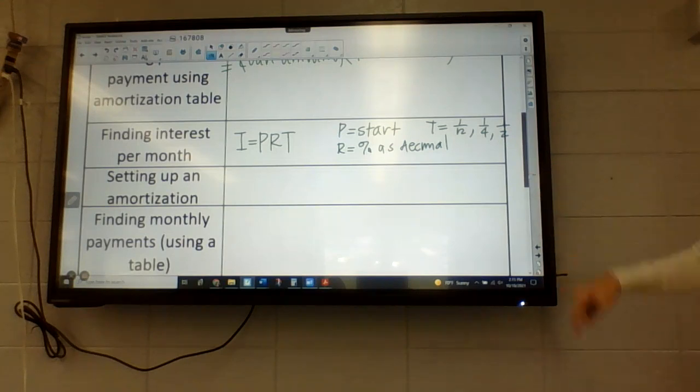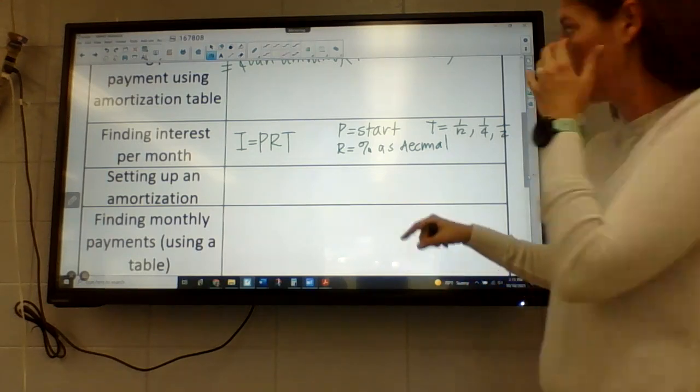That should be setting up an amortization table. And this is where we wrote those first few steps. So we figured out the balance after the first payment. We figured out how much we paid per month, and then how much was interest, and then what our balance was.